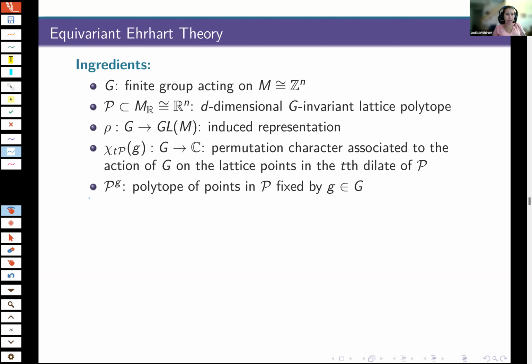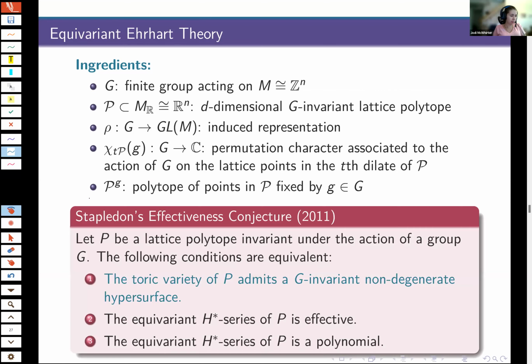So for instance, the question that Stapledon posed in his paper was that if you have a lattice polytope and a group action on that polytope, then these conditions were equivalent. And he showed that condition 1 implied condition 2 and condition 2 implied condition 3.